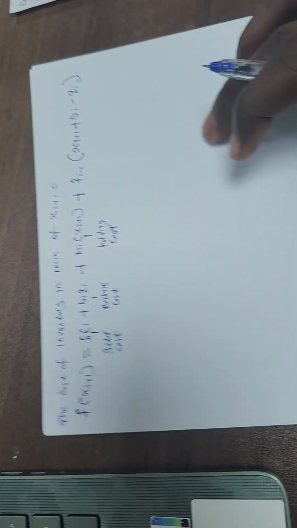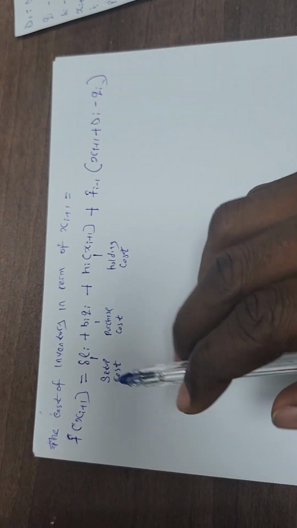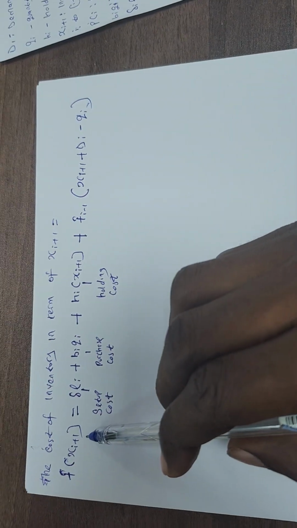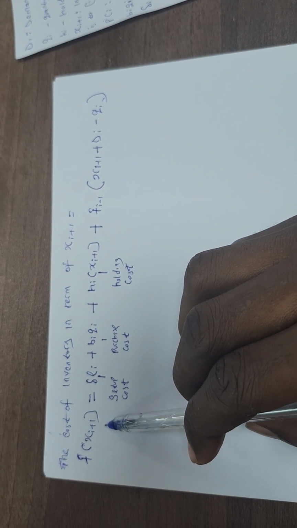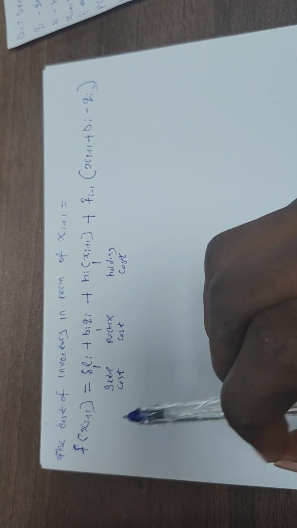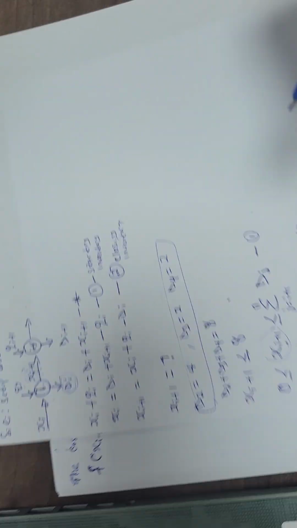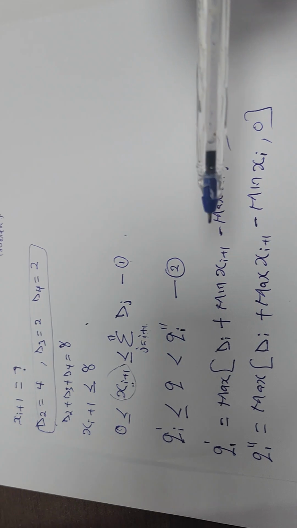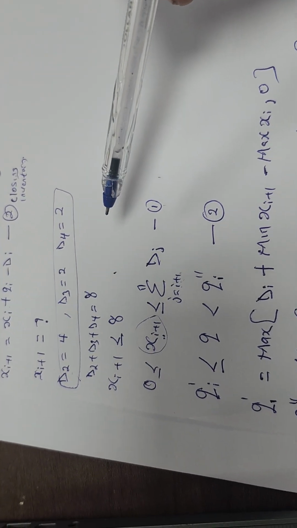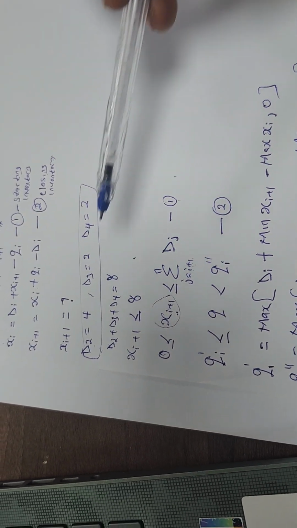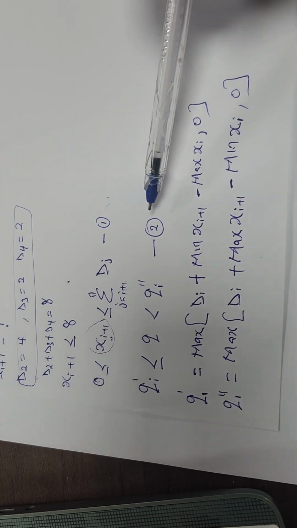We need to know this formula. It's very important to know this formula. This is actually what you are trying to minimize. We are trying to minimize the cost by considering these two constraints, constraint 1 and constraint 2.